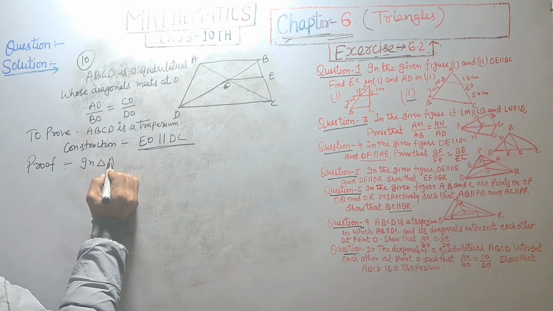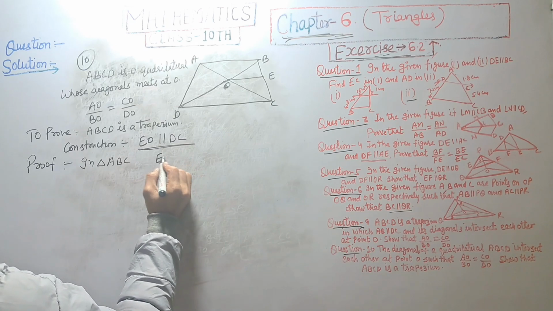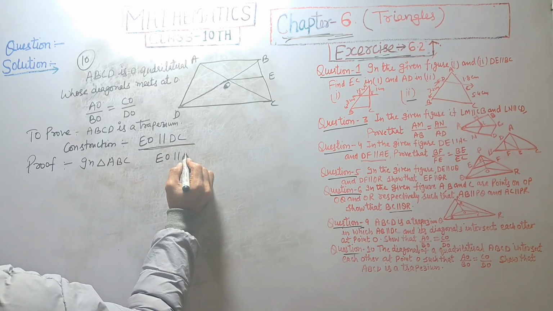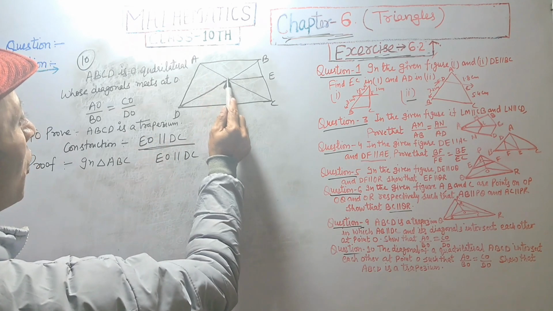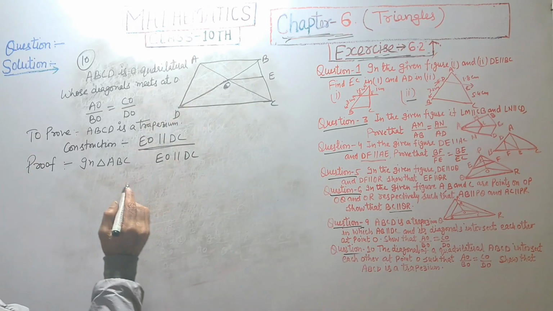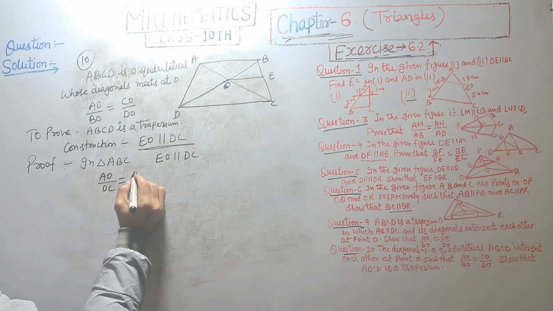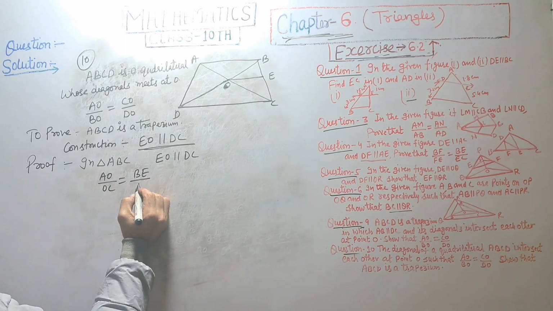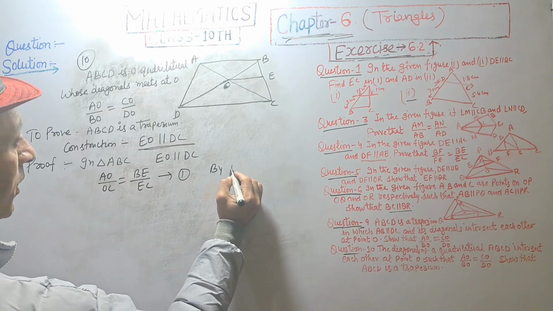In triangle ABC, EO is parallel to DC. AO upon OC is equal to BE upon EC by BPT. It's equation first, by BPT.